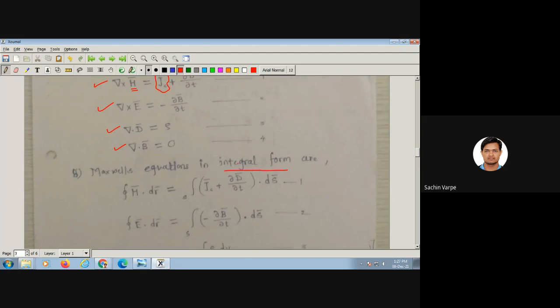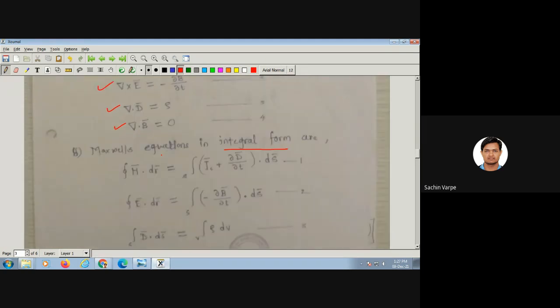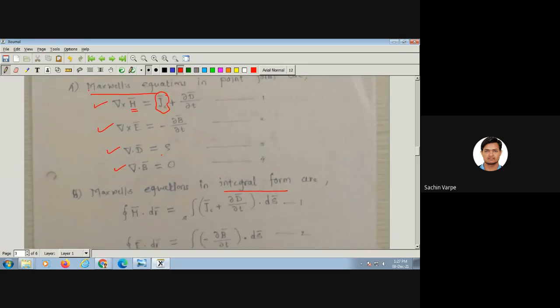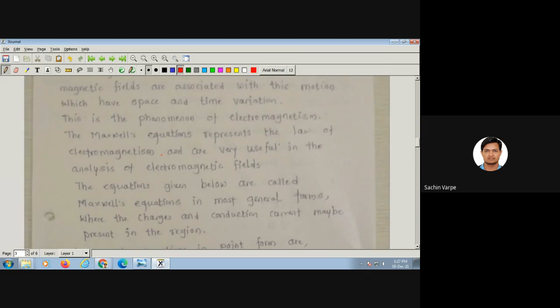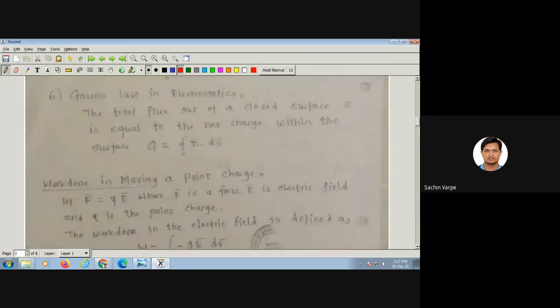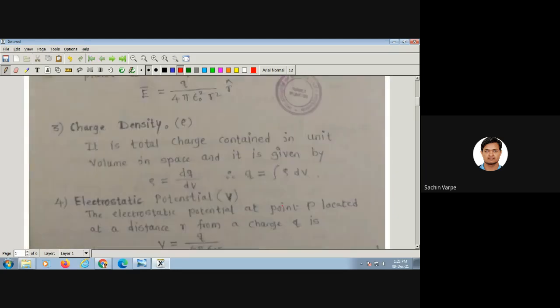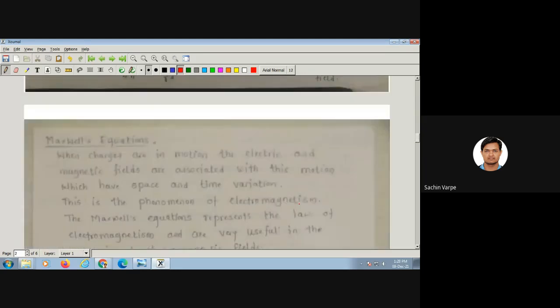B bar is something related to these terminologies. Anyways, let us discuss the example based on this.